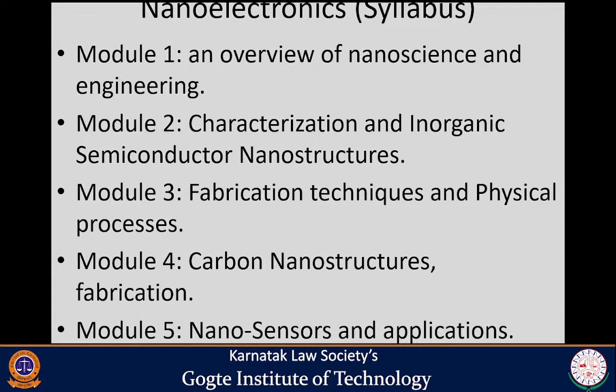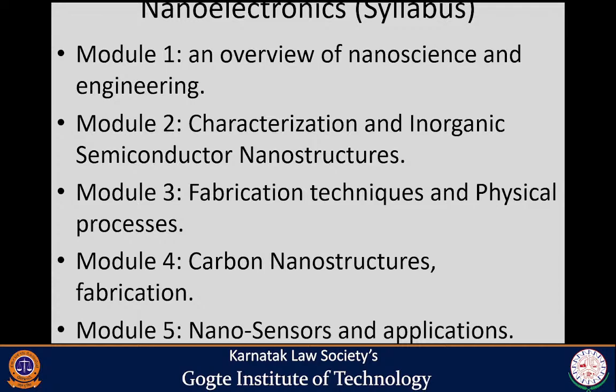Unit 2 deals with the characterization and inorganic semiconductor nanostructures. So Unit 2 is divided into two parts: one part is the characterization and the second part is the inorganic semiconductor nanostructures. For the characterization part, we will be studying different techniques like field ion microscopy, diffraction techniques, bulk and surface diffraction methodologies.